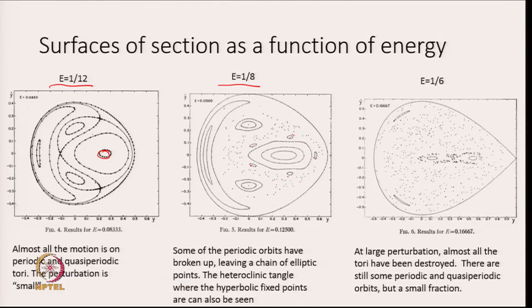Surrounding the stable points are also these tori, these small islands that you see over here, and the unstable points would have been somewhere over here, but because of the heteroclinic tangle that we saw in the earlier picture, you don't see those hyperbolic fixed points anymore, and what you have is just the image of chaos all over the place. You have the remnants of KAM tori, you see some of them over here.